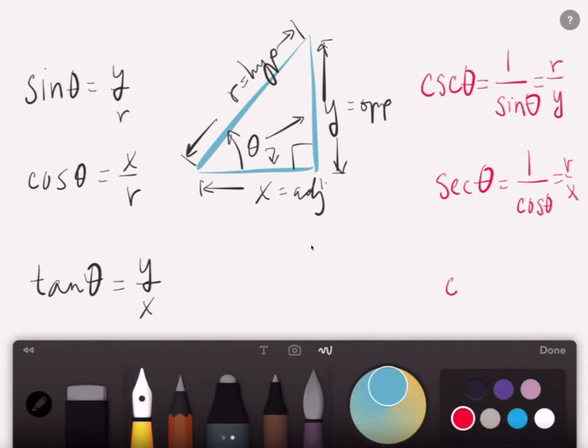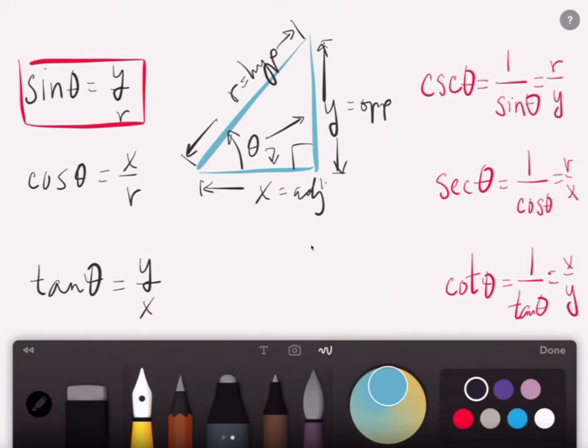And the last one is going to be cotangent. And of course, that's 1 over tangent. And this just equals x over y. So we're just going to compare the sine function and the cosecant. No, that's not true.